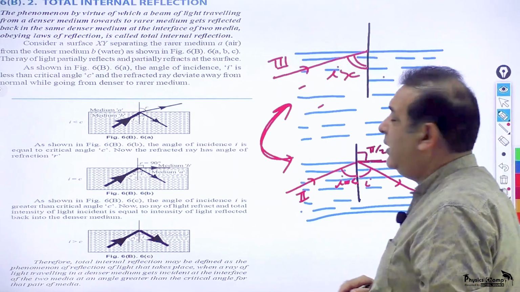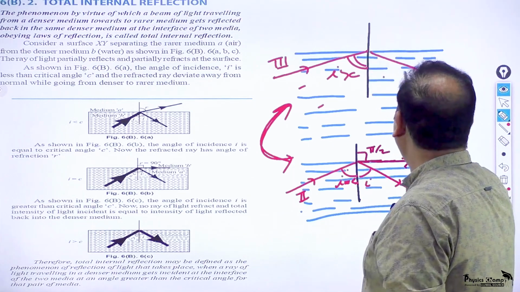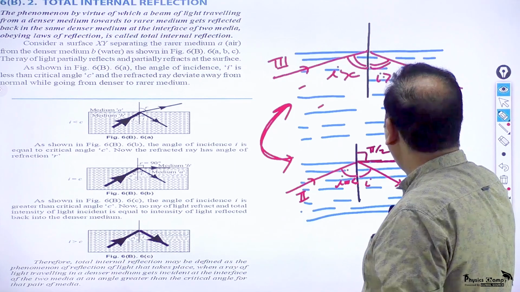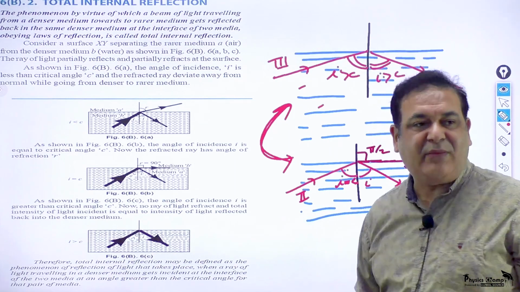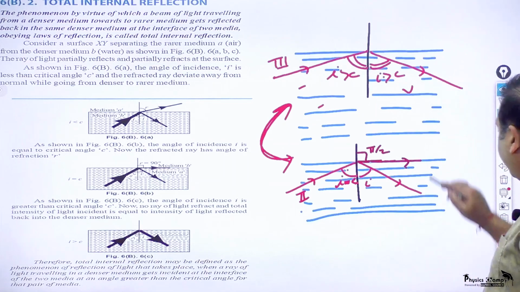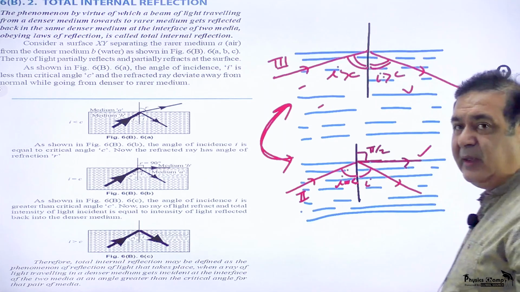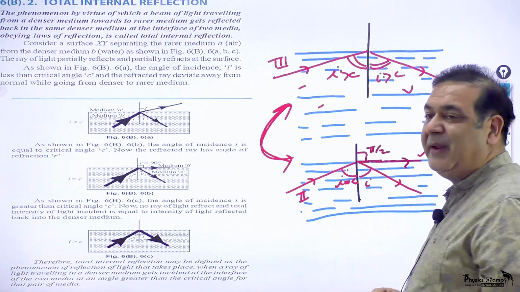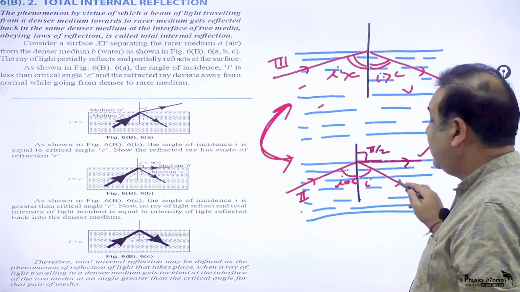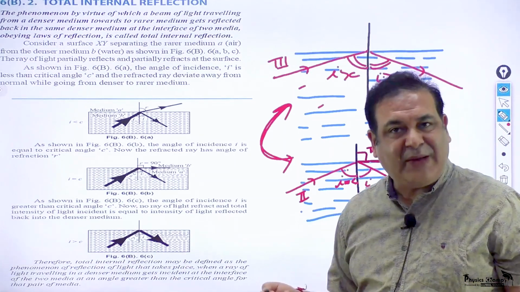Yes, obviously, that part of the ray which was supposed to reflect, it will reflect at the same angle of incidence, which was more than the critical angle. But what will happen to this ray? The ray which was earlier going into the rare medium has to come back into the denser medium. And once the ray is bouncing back into the same medium, it is reflection.